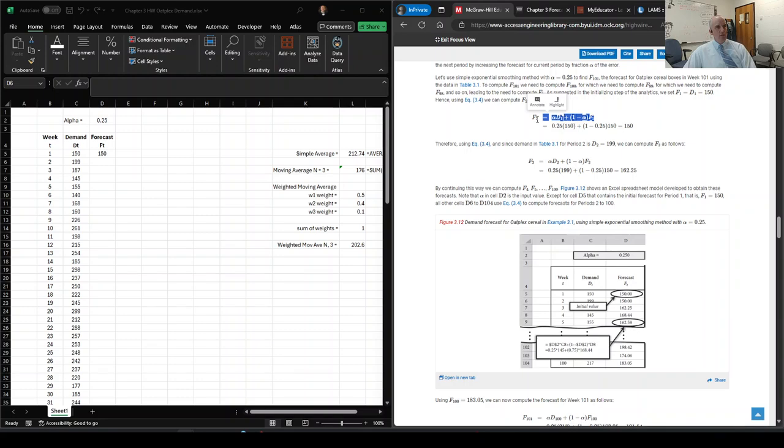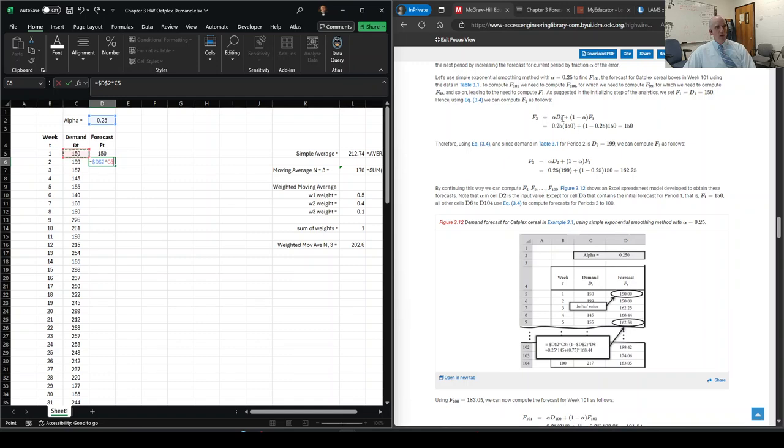So F2, talking about the second week, right? Here's how to calculate it. I'm just following along in the book. Taking my alpha, multiplying it by the demand of period 1. So here's my alpha, I'm going to go ahead and anchor that, multiplied by my demand of period 1.